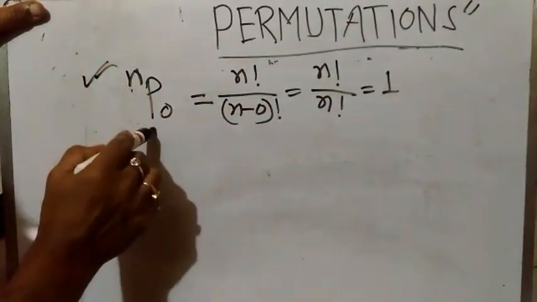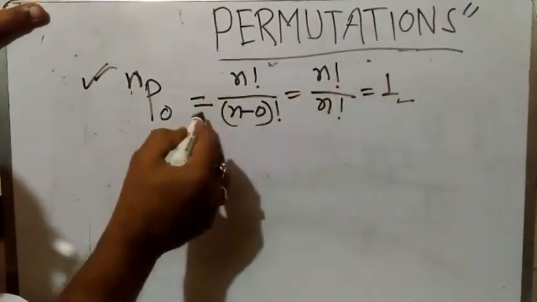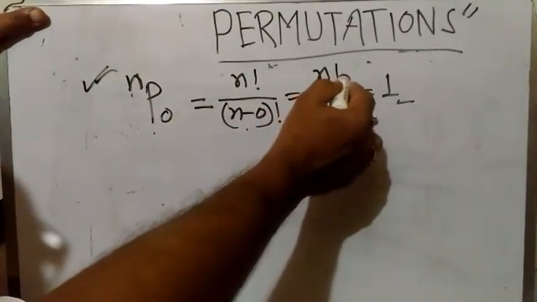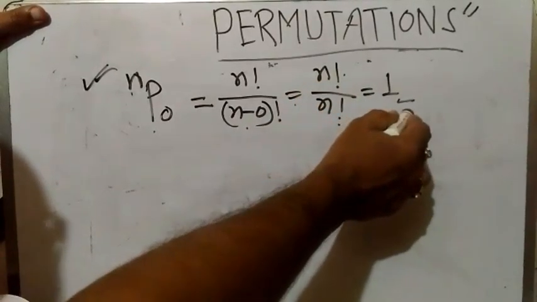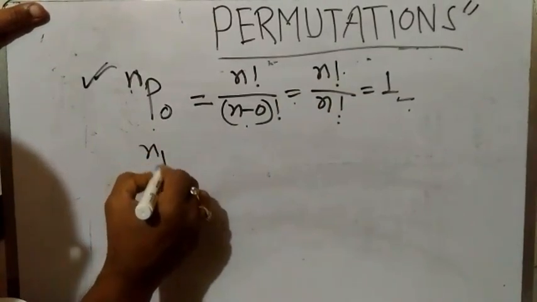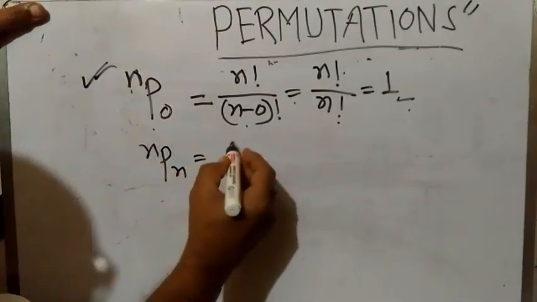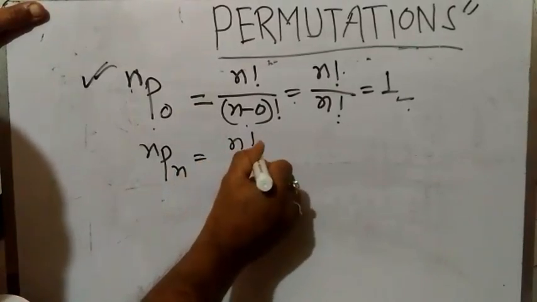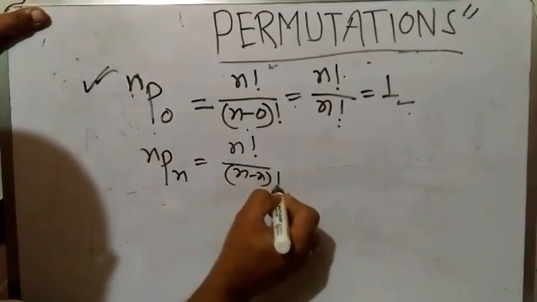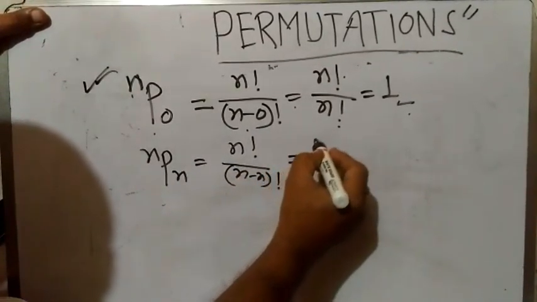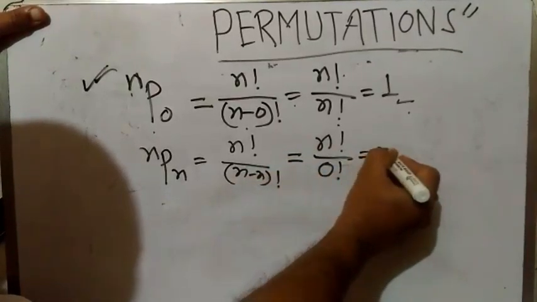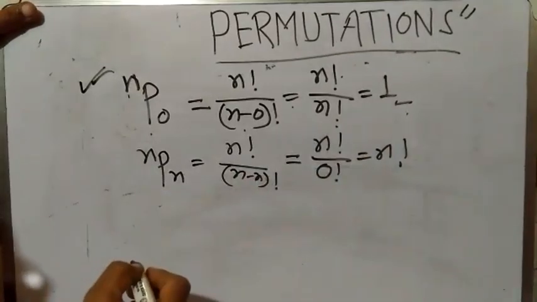So nP0 equals 1. Next, write down nPn, which can be written as n factorial by n minus n factorial, equals n factorial by 0 factorial, equals n factorial.